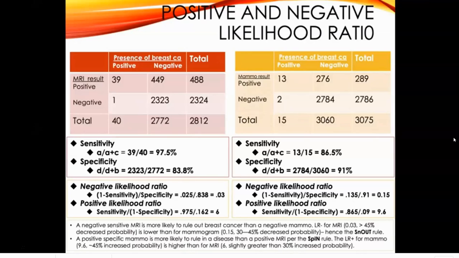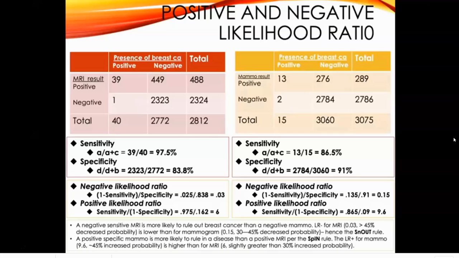We know that mammogram is more specific than MRI, and a positive mammogram is more likely to rule in a disease than a positive MRI by the SPIN rule. And we can show that because the positive likelihood ratio for mammogram is 9.6, which corresponds to a 45% increased probability of having breast cancer.